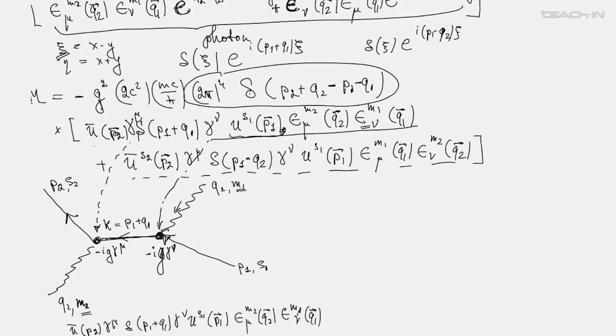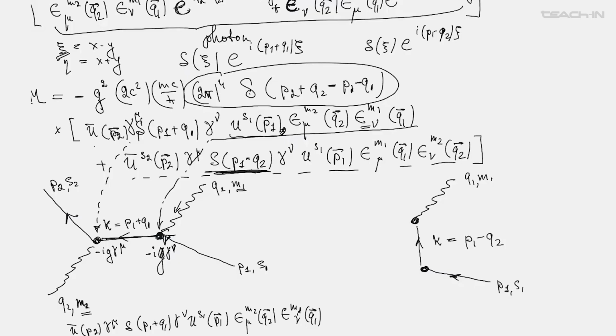But there is another diagram which describes the second element very similarly. The photon comes in with Q1 M1, again momentum and polarization, and there is an electron coming in with momentum P1, polarization S1. In between them there is a propagator which, as you see now, has momentum K equal to P1 minus Q2. This is what corresponds to this S depending on P1 minus Q2.